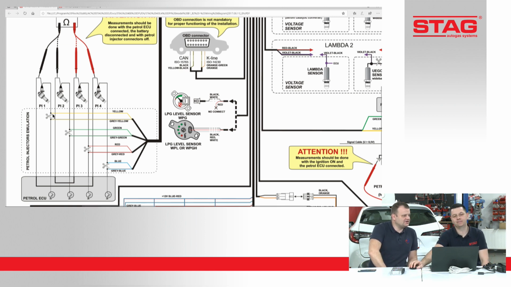You can follow the rule in your mind: the full color wire goes to the injector. It means the side of the connection where the wire goes to the injector is the full color, and then you have another wire that goes to the Petrol ECU. That is the main rule.